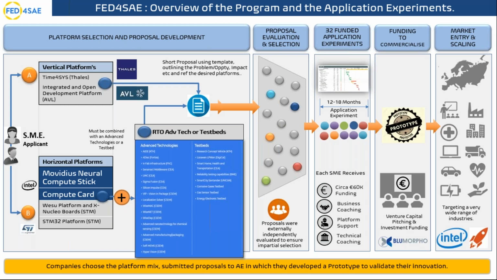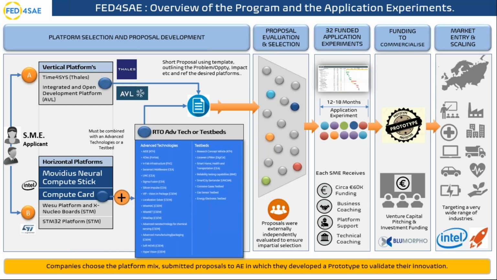The participants in those application experiments receive about 60K funding, a bit underneath that. They got technical coaching, they got platform support, and they got technical coaching from the RTOs or from the platform providers. And the whole goal of these application experiments, and they are experiments in the nature of the term, is that they are hopefully successful, but they can fail, and there can be learnings and refinement as the projects proceed.